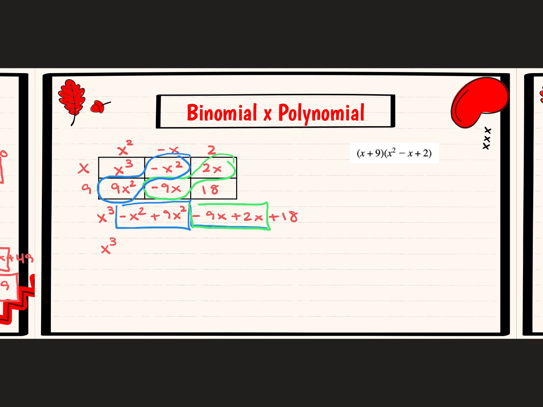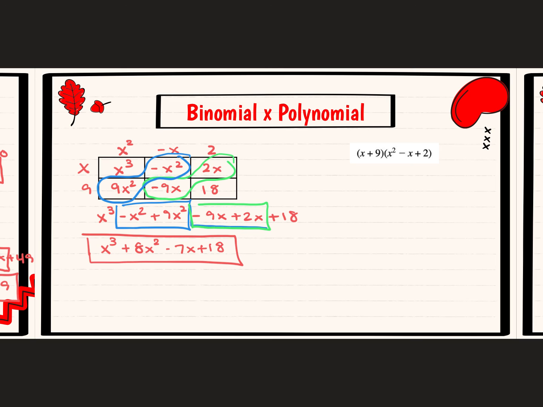I have negative x squared plus 9x squared, so that gives me plus 8x squared, because now we're just combining like terms. Negative 9x and positive 2x, we get negative 7x, and then we have plus 18. And we have no more like terms, so we have to leave it as is.